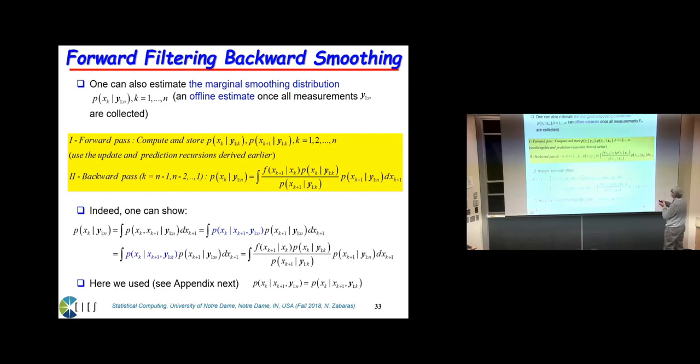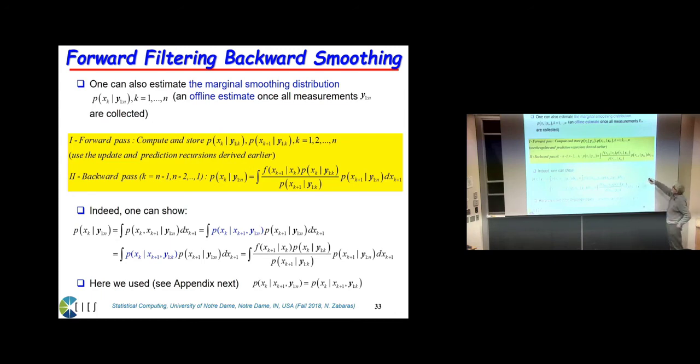This is our objective. You notice it says you need to know the smoothing distribution at what time? At k plus 1. So when you start this backward recursion, what distribution is this going to be? It's going to be the probability of xn given y1 to n, at the end.